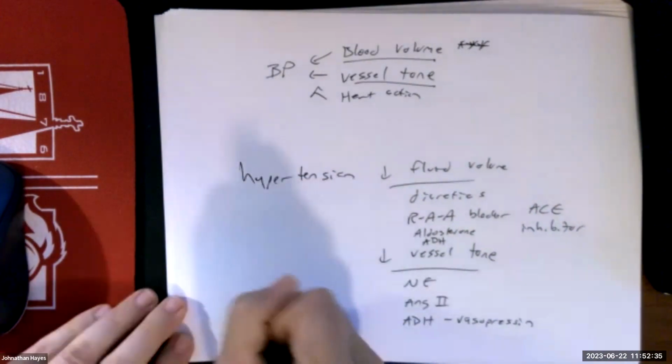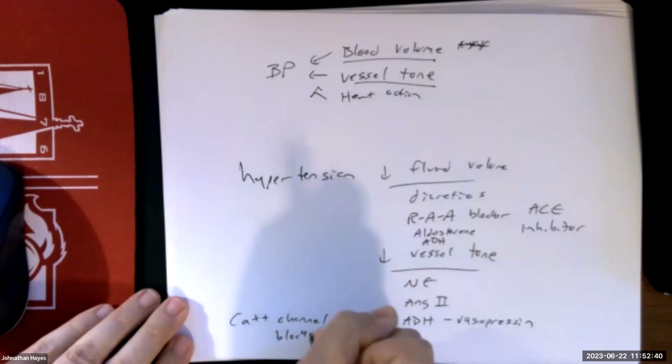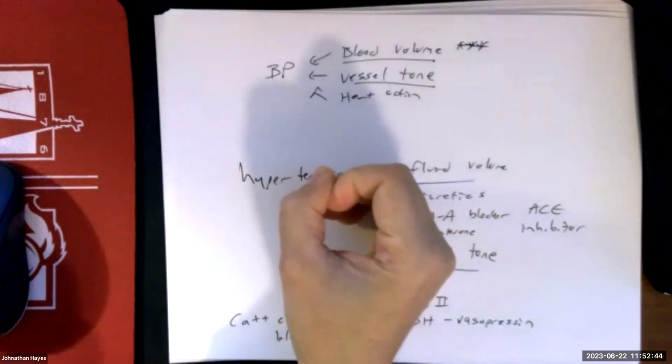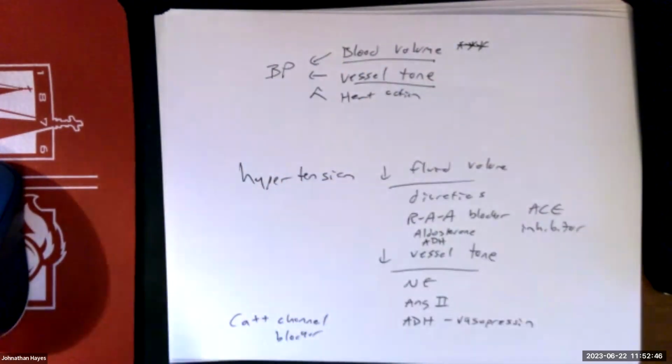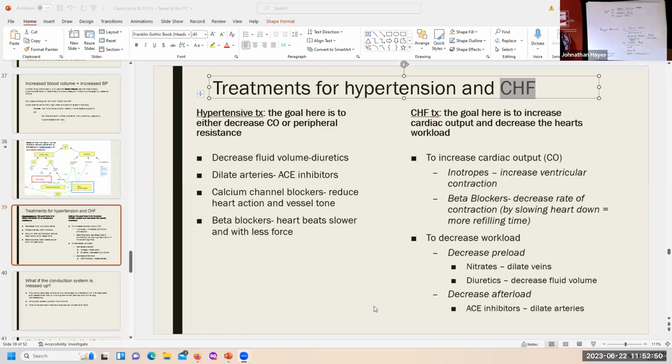But you could also use a calcium channel blocker, because it would block some of the contractile properties of the smooth muscles in the vessel walls, right? So you have to go back a lot to Anatomy 2 basics to understand why these things work. But once you understand the basics, it's not hard. It's very simple, actually.